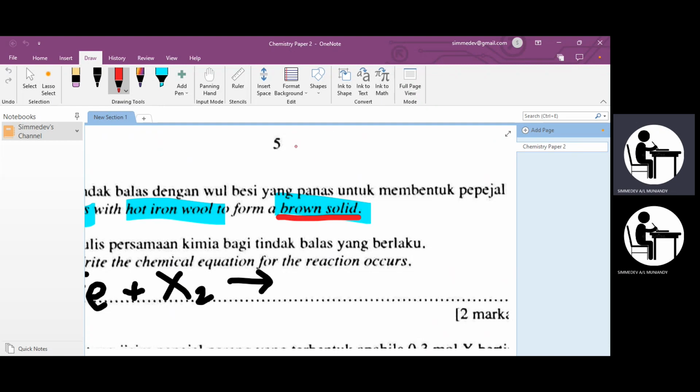Even in the periodic table of elements chapter, you would have learned that iron is a transition element. So when you are saying that it's a transition element, there are certain characteristics, such as it has an oxidation number more than a certain value, and it also forms colored compound ions. Its ions are colored.